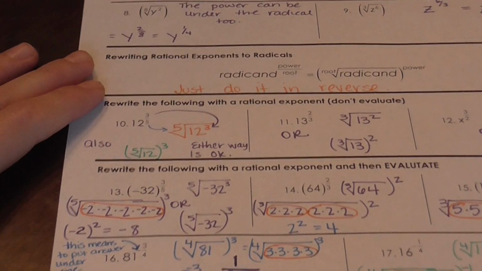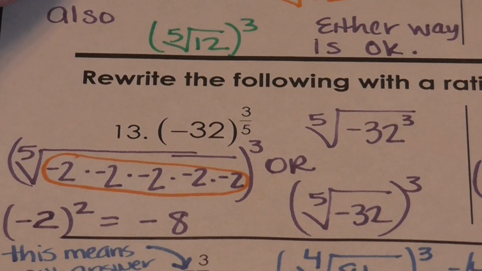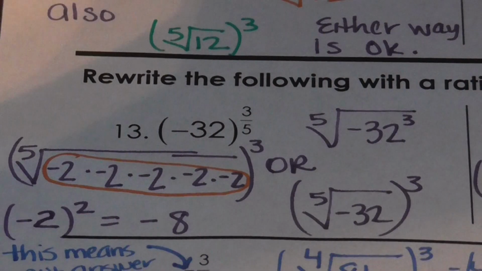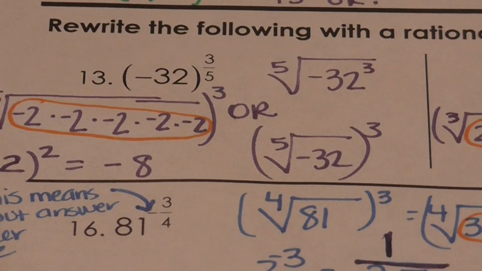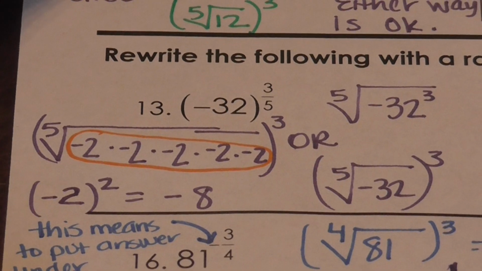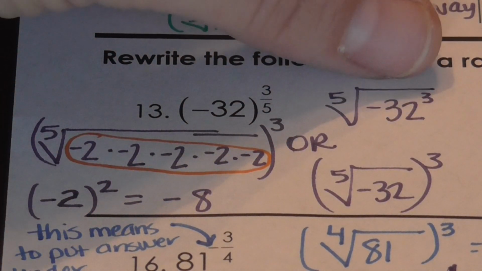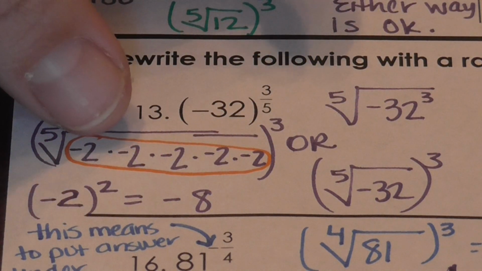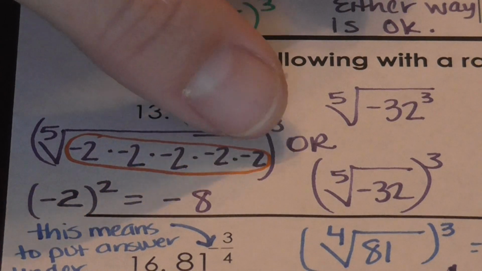I'm going to zoom in on the next one because we want to rewrite these as well. There's a lot of stuff happening there, but it says rewrite and then evaluate. So what it's expecting you to do is the 5th root of 32 cubed. So I'm going to take 32 and write out all those negatives: -2, -2, -2, -2, -2.